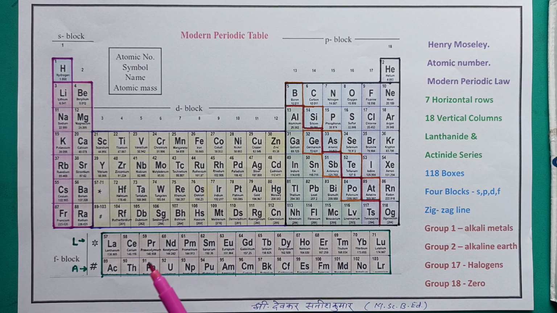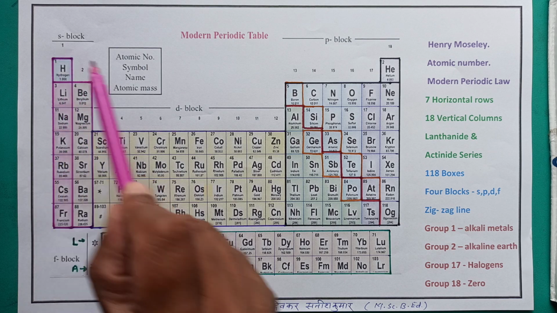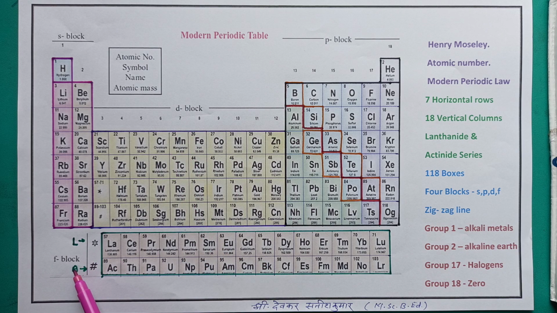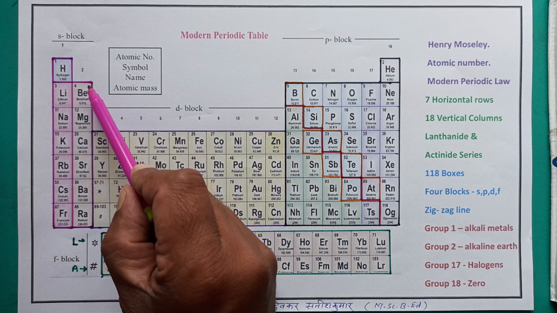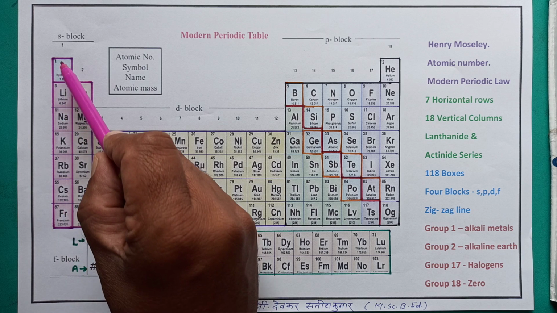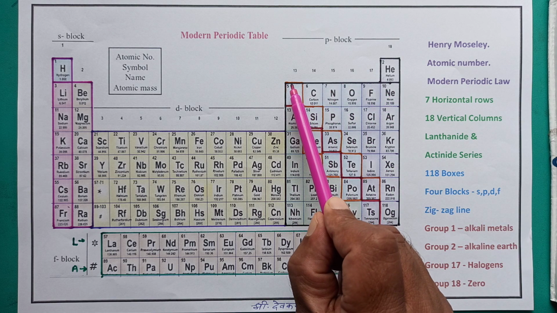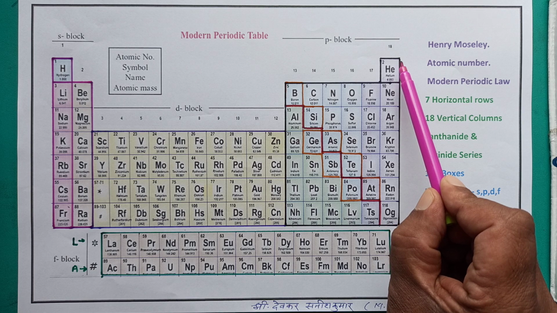Then this entire modern periodic table is divided into 4 blocks: S block, P block, D block, and F block. The S block contains group first and group second. The P block contains groups 13 to 18.